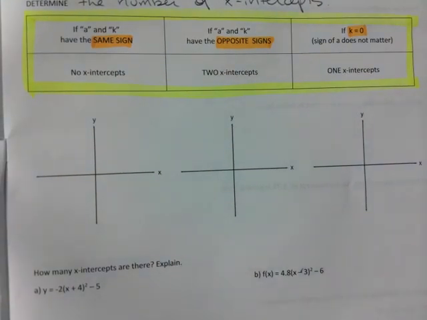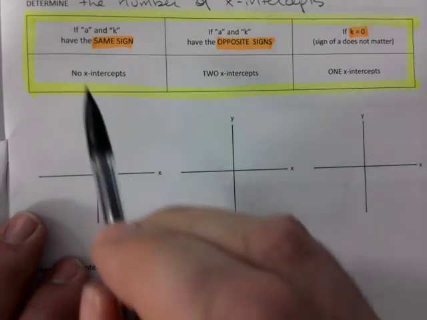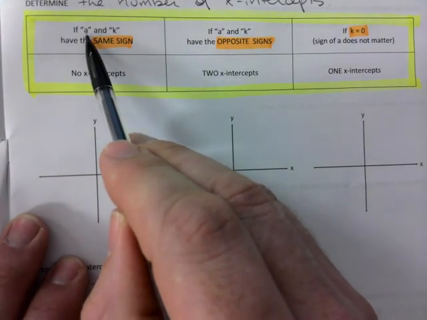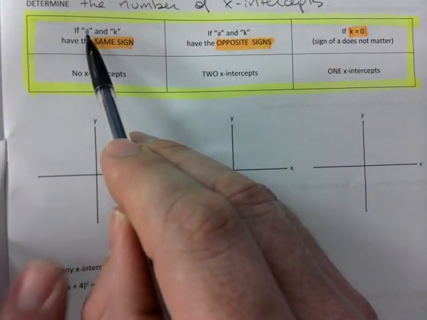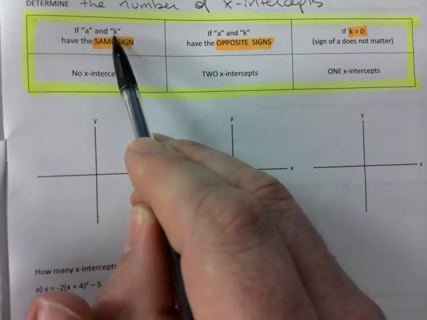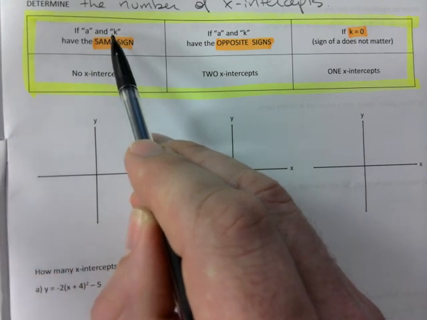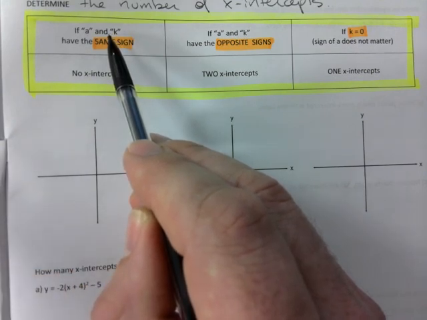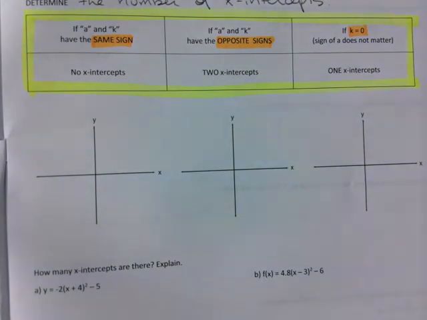And now let me explain why that is, right? If a is positive, that means it's pointing upwards. If k is positive, think about this part. You ready for this? If k is positive, that means that my vertex is above the x-axis, correct? So if your vertex is above the x-axis and it's pointing up, you're never going to cross the x-axis, right?